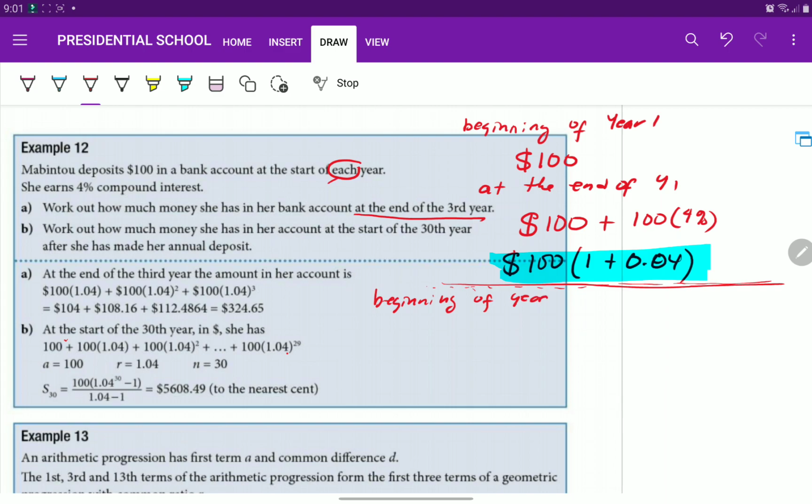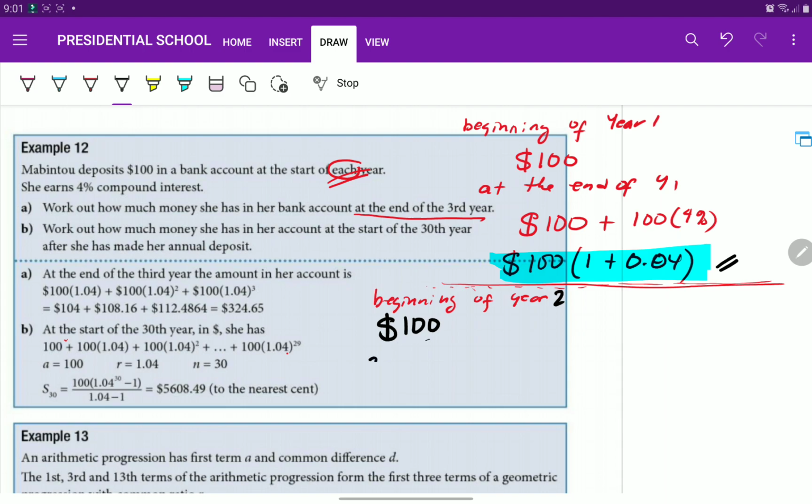because it says each year, Mabunto deposited another $100 at the beginning of year 2. And at the beginning of year 2, the money is this one plus this.